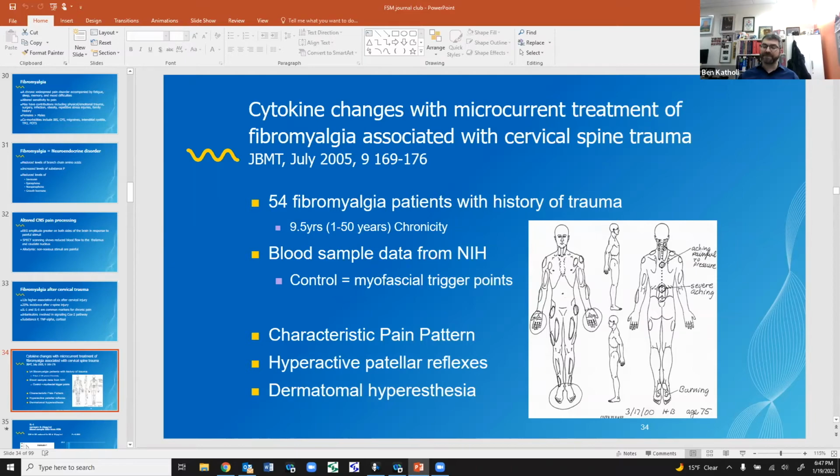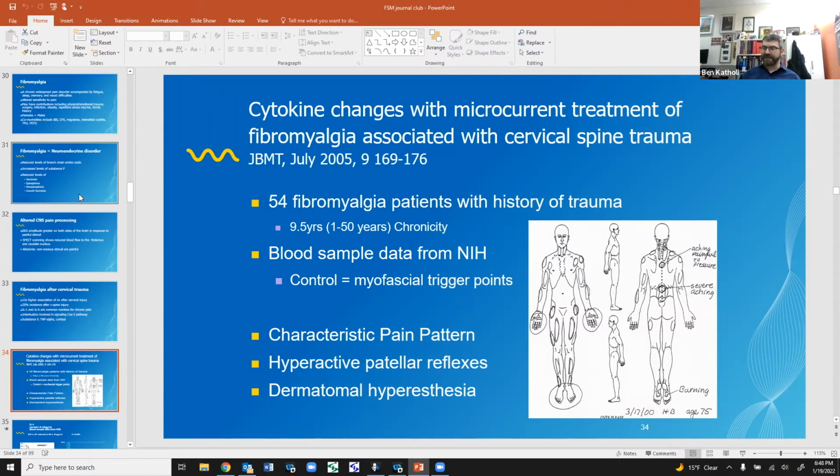And they drew blood samples for some of these inflammatory cytokines on 6 of the patients. They also tracked VAS scores, or visual analog pain scores, with these patients, and saw pretty dramatic changes. And these have been replicated at multiple centers.